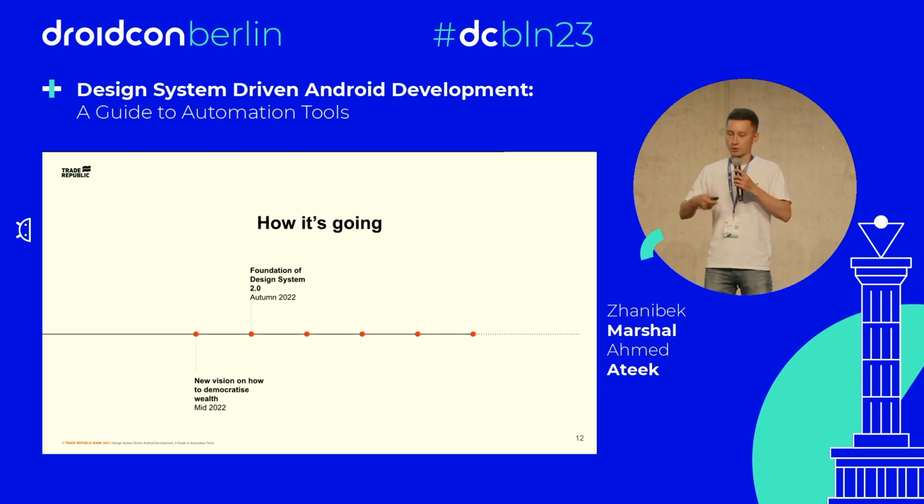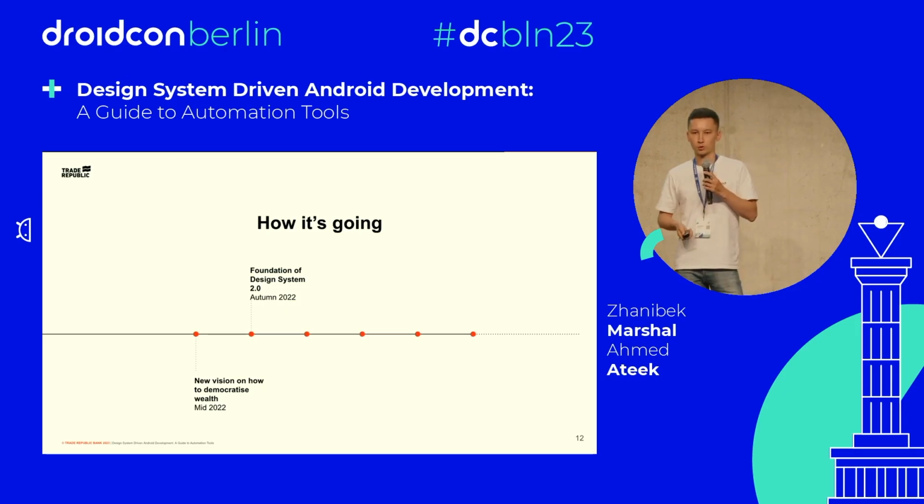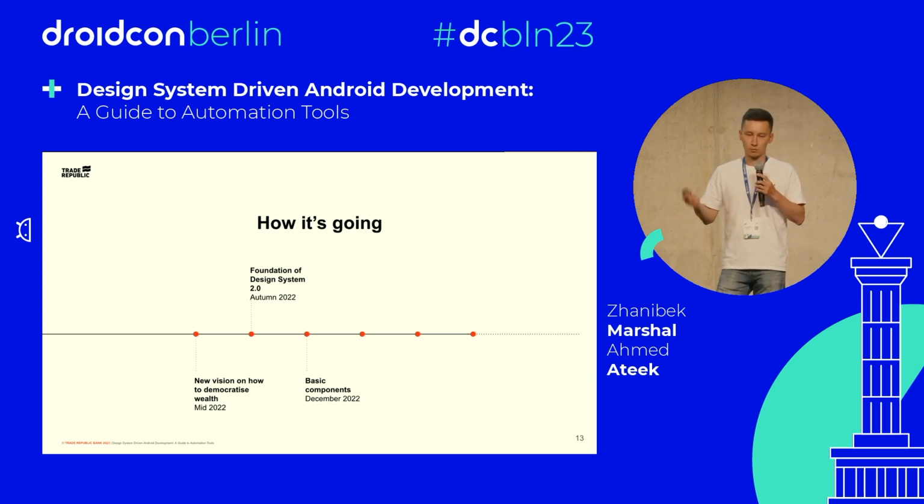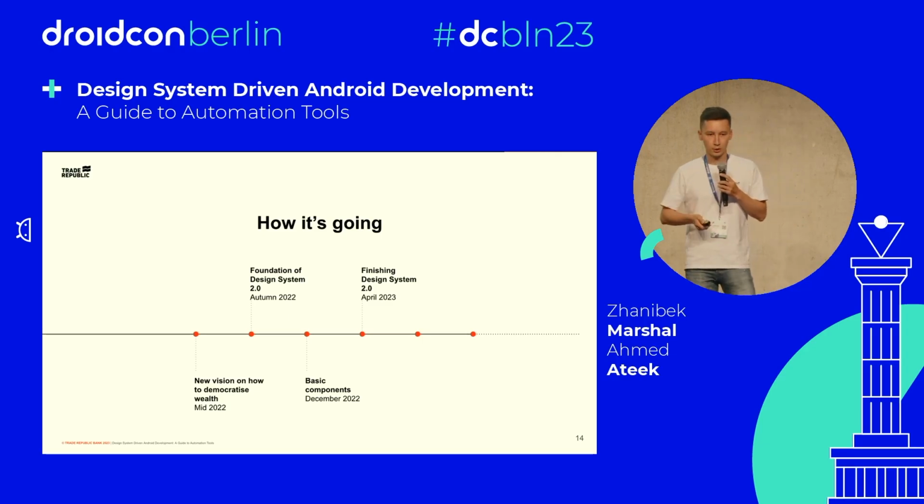Then we started to create the foundation for the new design system. We finished all the basic components in the winter, December. Then I started to work on integrating this into our application for production. Then we finished the design system just recently.